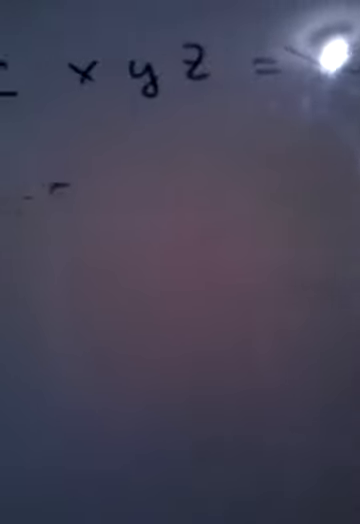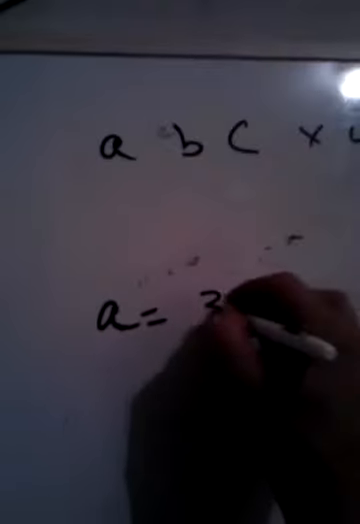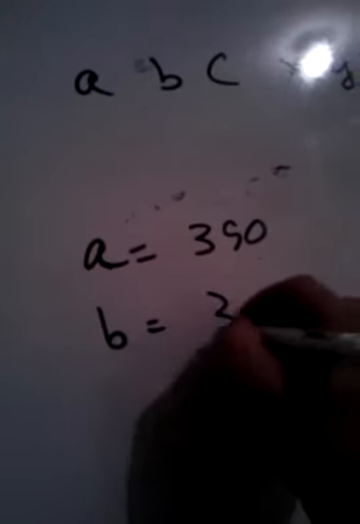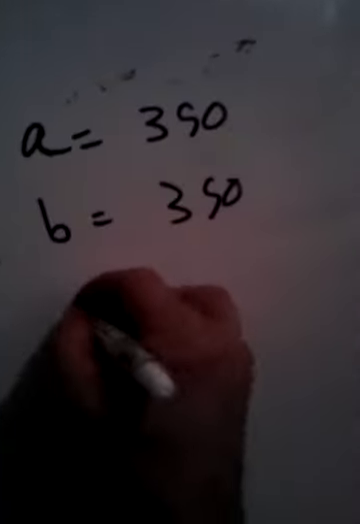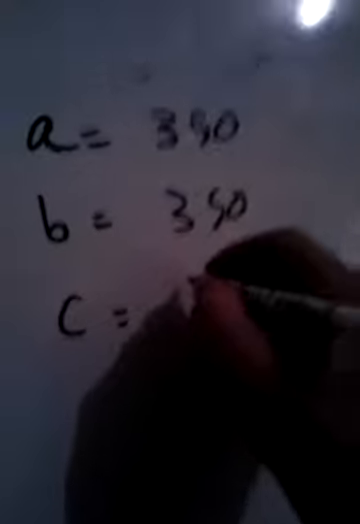If you plug in values for A, we get an input value for A of 390. B we said was equal to A, so that's also 390. C, we actually got back 191,634.